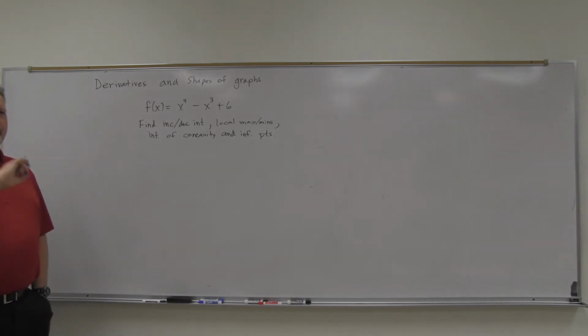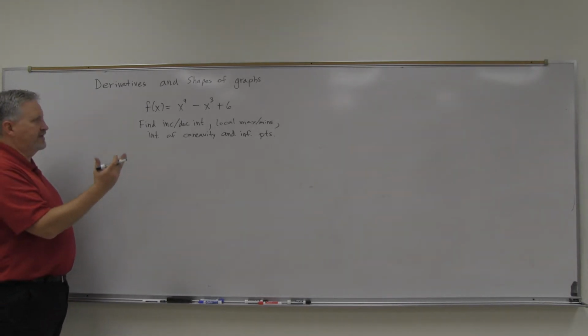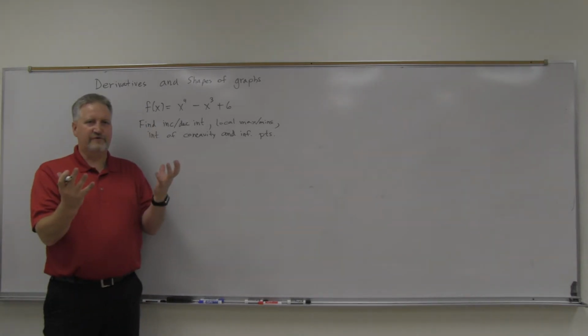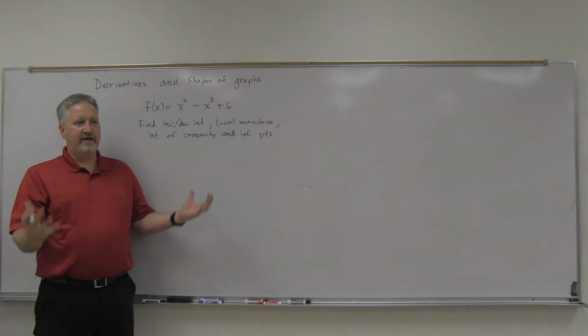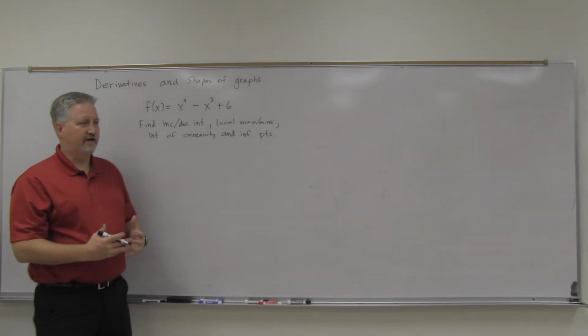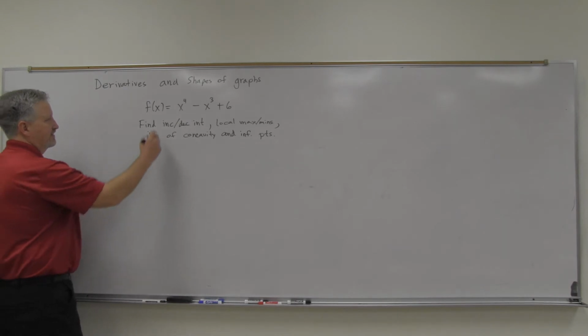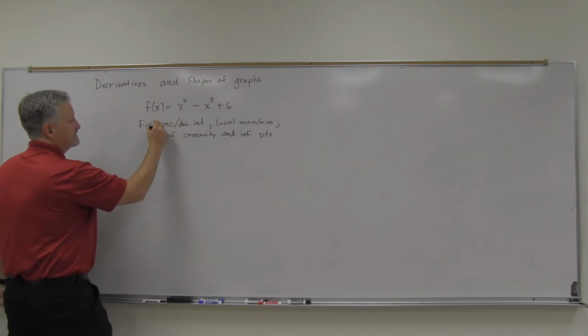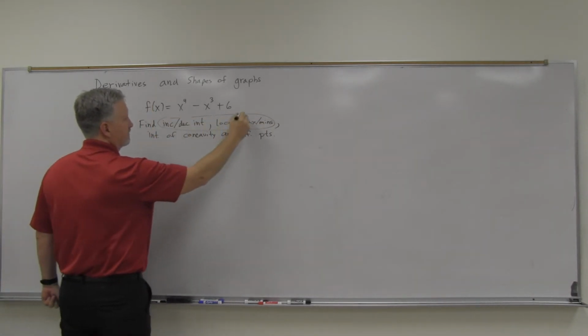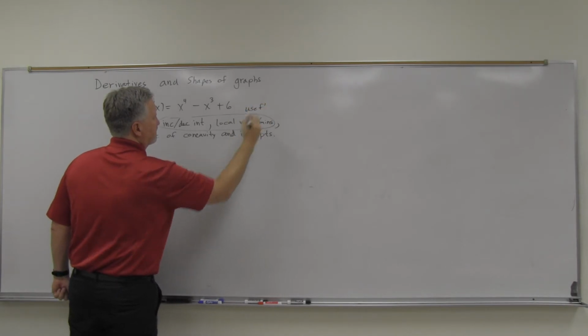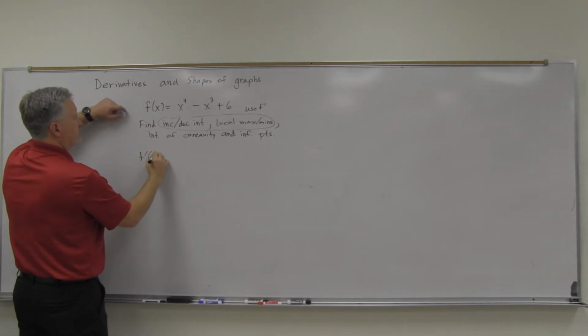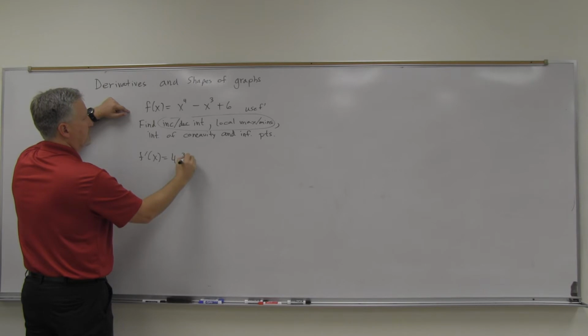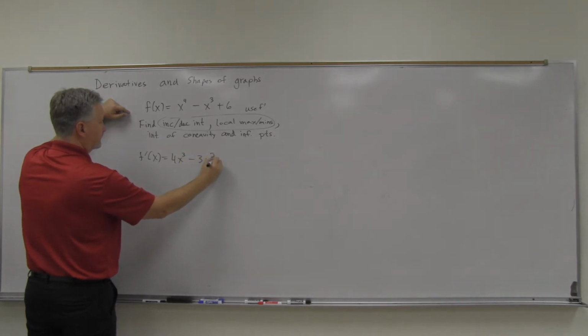Well, increasing and decreasing and local maxes and mins, that's a 2-for-1 deal. You do one, you get both. Do the work for one, you've got the work for both. And both of these are off the first derivative. So f prime here is 4x cubed minus 3x squared.